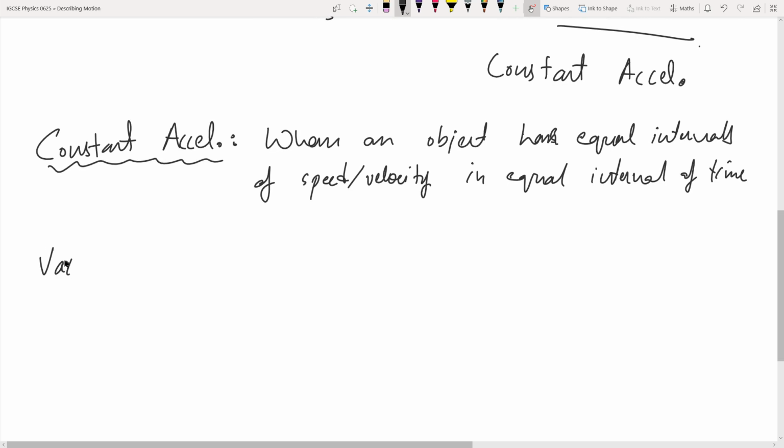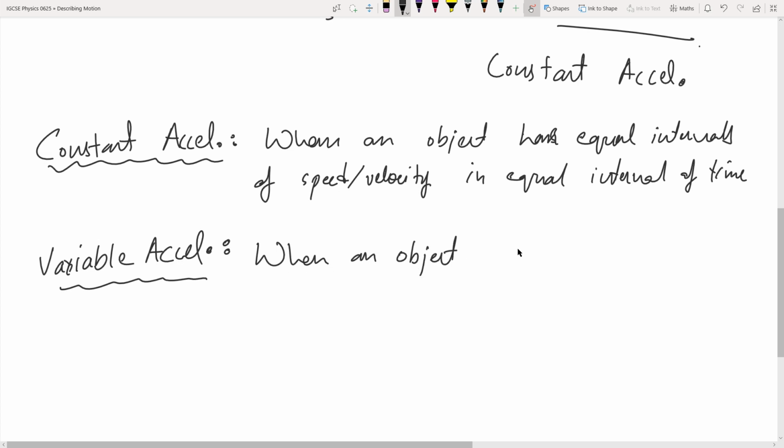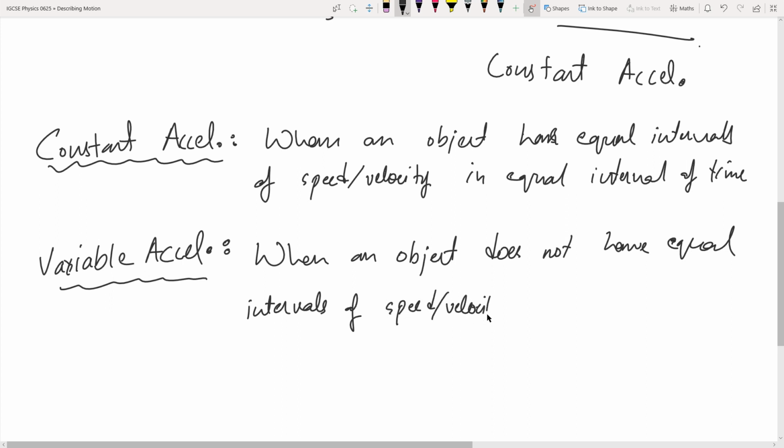And variable acceleration, right? So what is going to be variable acceleration? Similarly, it's when an object does not have equal intervals of speed, again velocity, and we'll understand why I'm using the word velocity over here, in equal intervals of time.